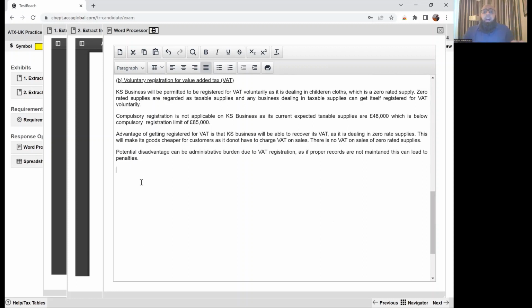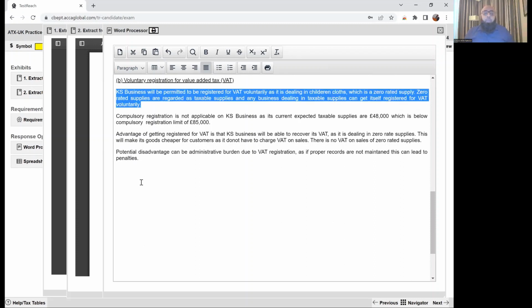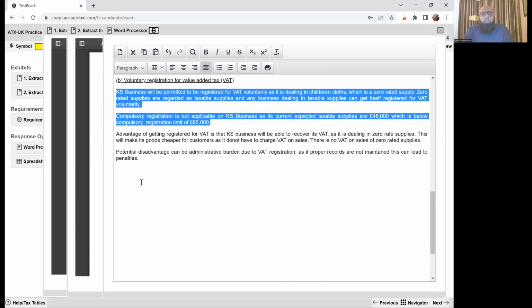The first thing he asked is why they will be permitted to register. So yes, they will be permitted to register because they are dealing in taxable supplies. What's the problem in it? If I'm dealing in taxable supplies, I'll be permitted to register for that. The compulsory registration will not be applicable on them.